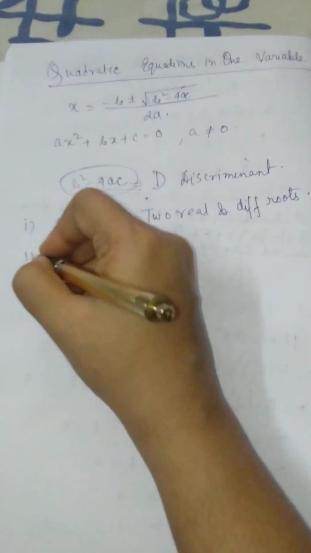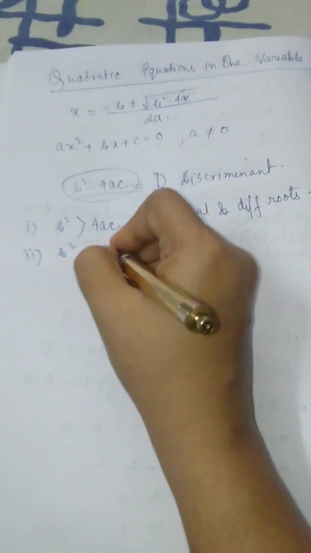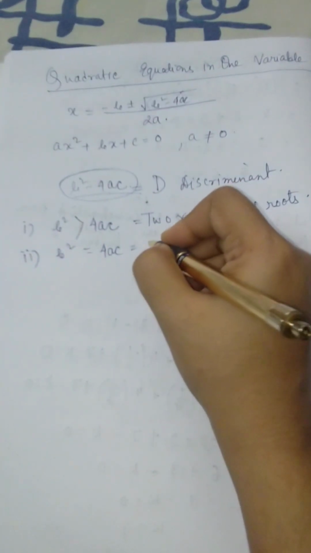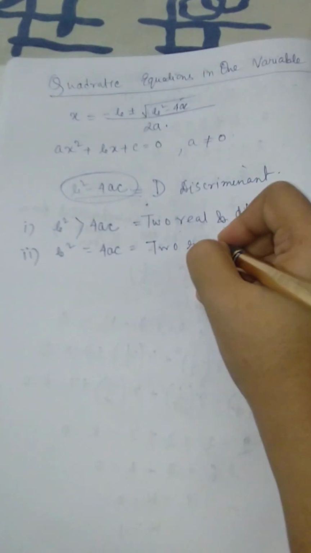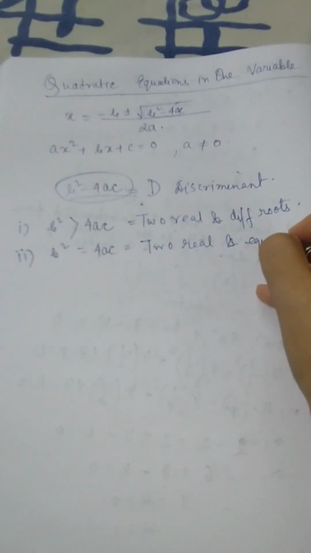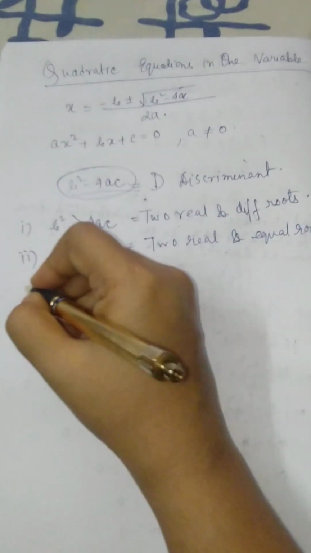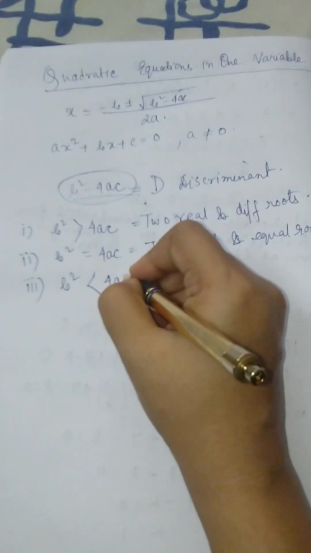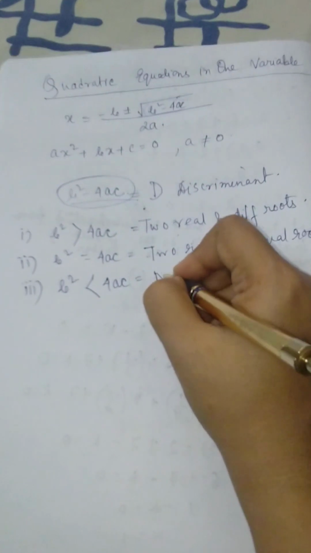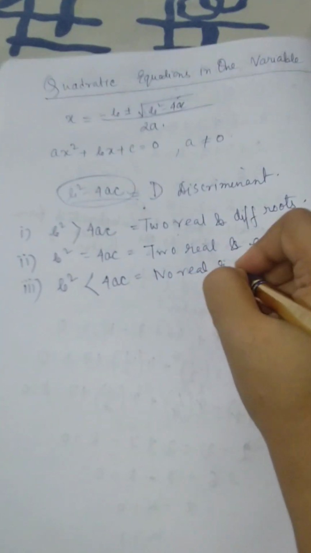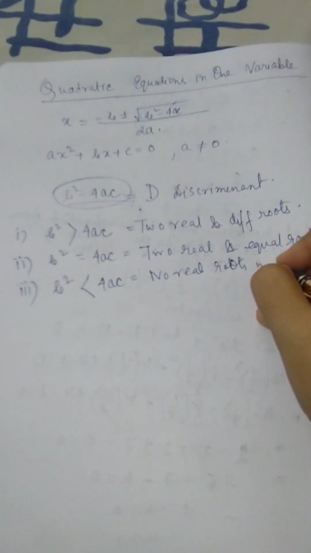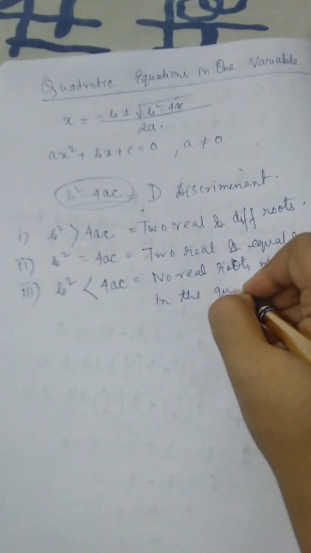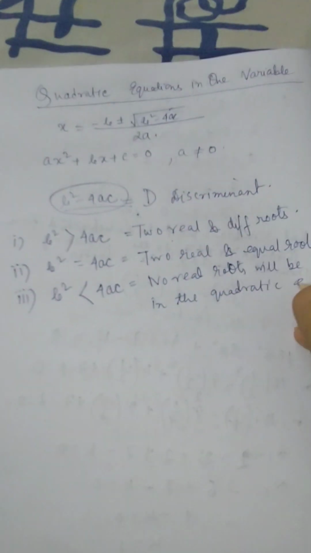If b square is equal to 4ac, there will be two real and equal roots. And if b square is less than 4ac, then no real roots will be in the quadratic equation.